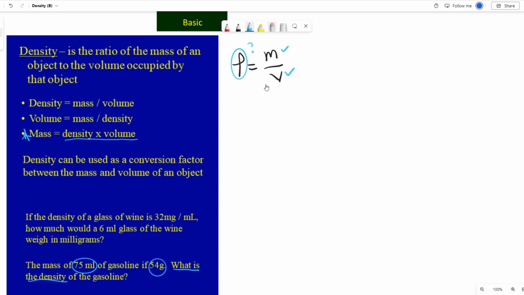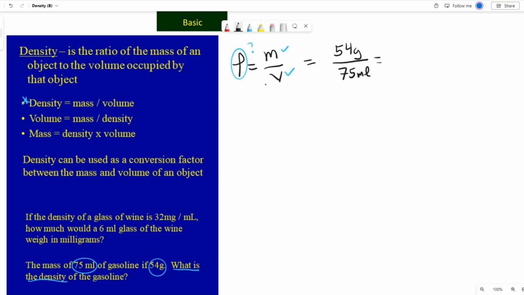Now it says if you're solving for density, it's the mass divided by the volume. And so all we need to do for this one is we have our mass, it's 54 grams. And we have our volume, which is 75 milliliters.